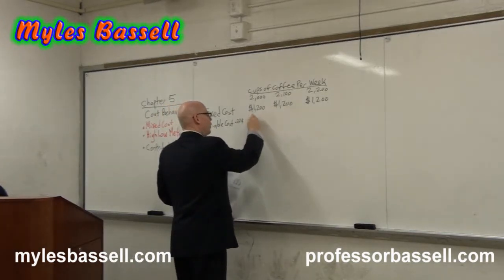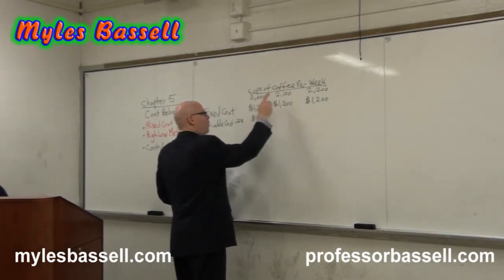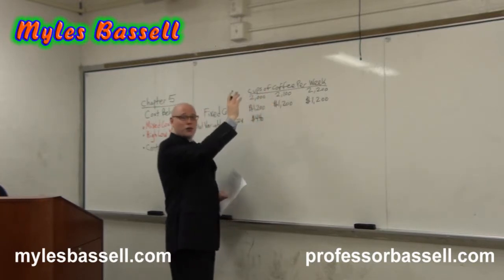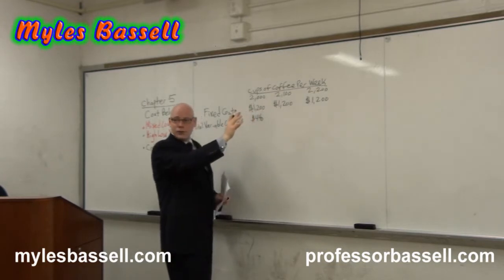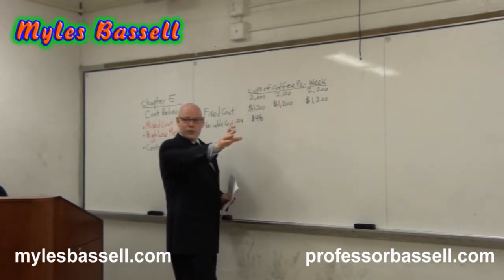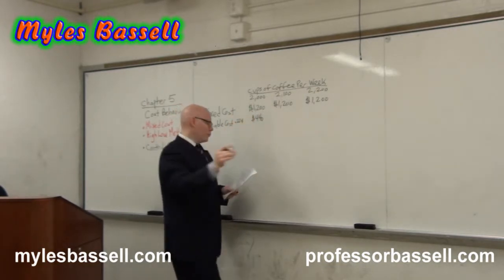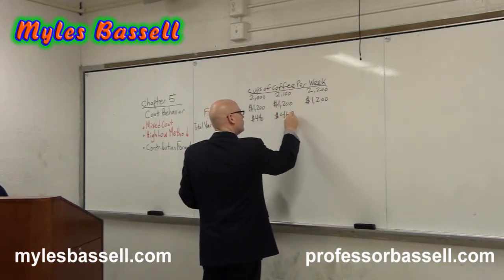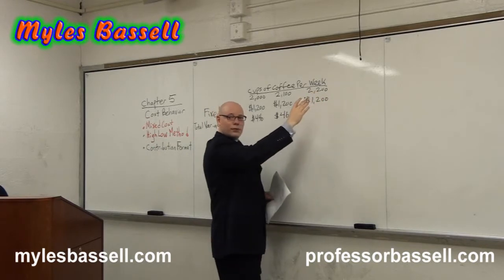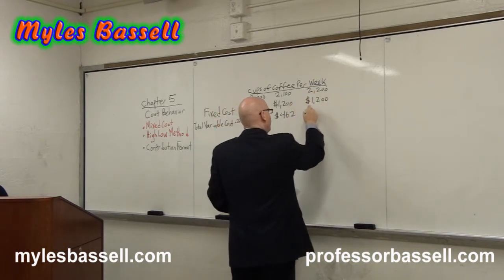Right, $440. And for 2,100 cups, what is going to be the total variable cost? 462. And for 2,200 cups? 484.